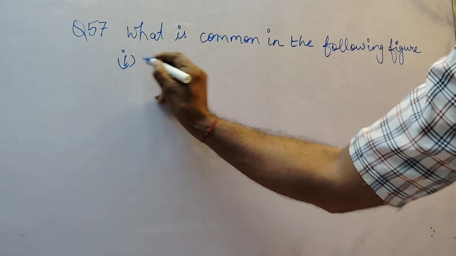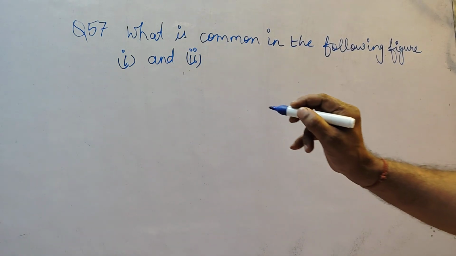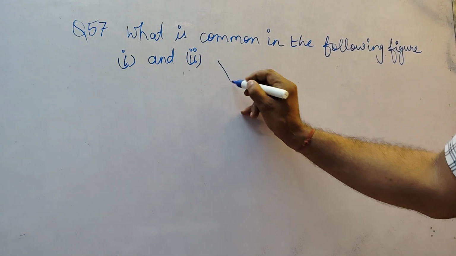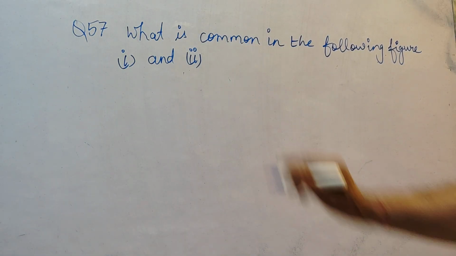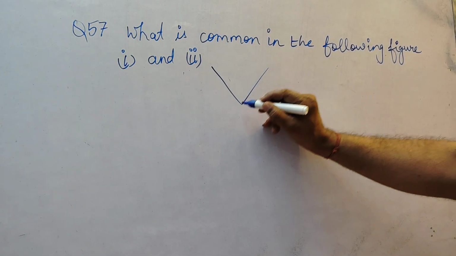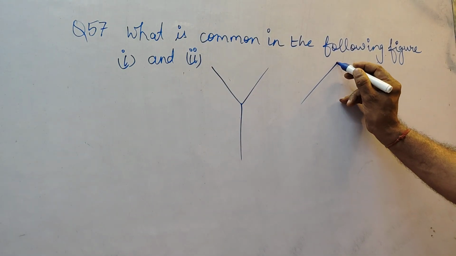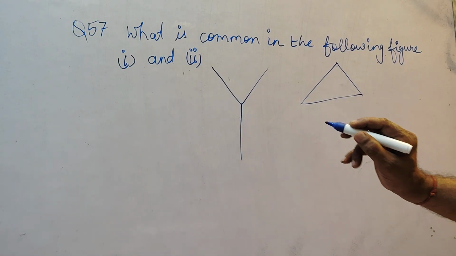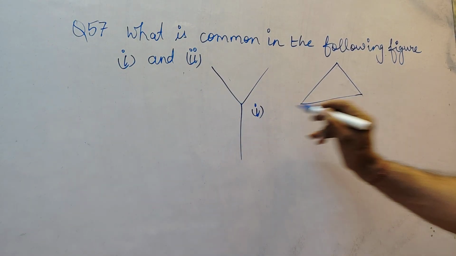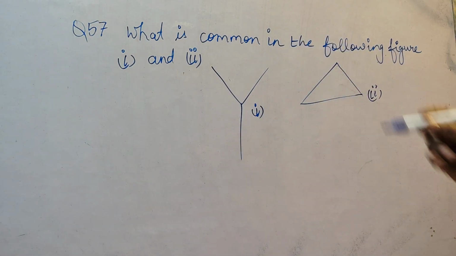First and second. So in the first, there is a Y shape diagram, and the second one is a triangular shape diagram. So what is common in the following figure 1 and 2?